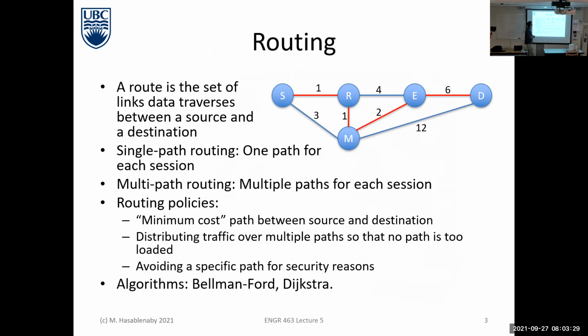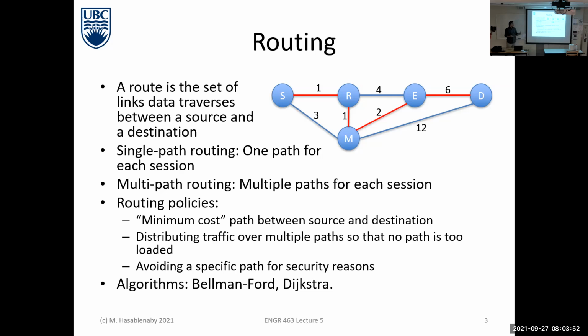As a quick revision, we know one of the responsibilities of routers is to make routing. We have many routes to reach from source to destination, and the route is a set of links where data moves through between the source and destination.